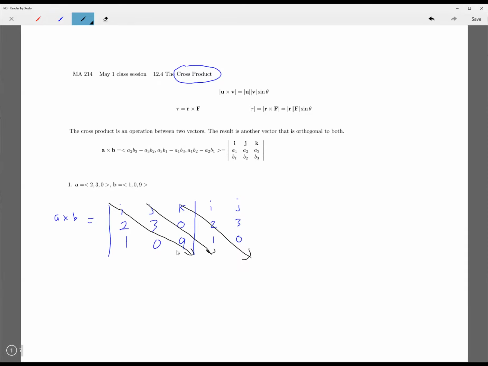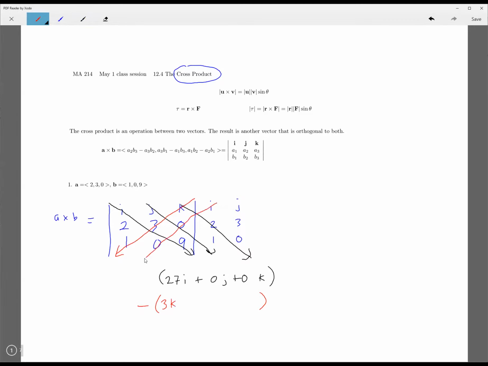Those three, if you multiply these together, that's 27i. And this is 0j, and this is 0k. So those together, and then you subtract. These three are in the forward direction, and then you subtract the three that are in the backwards direction. So there's that, which is 3k.